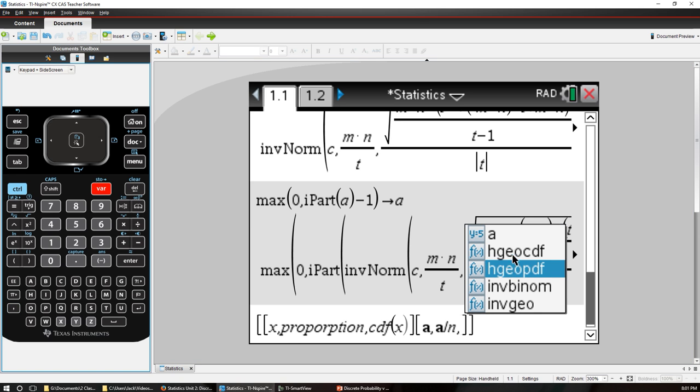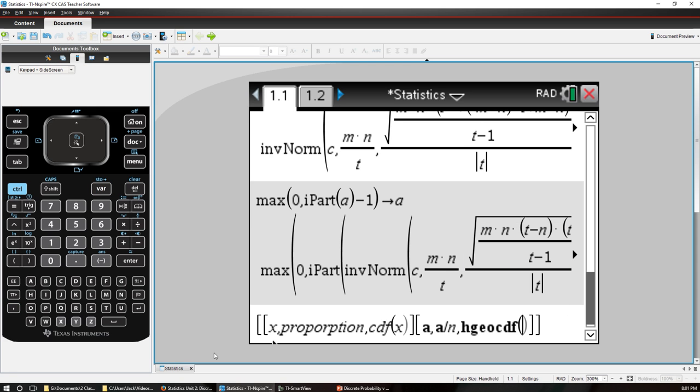That's the hypergeometric CDF that we hope we've got programmed in. You got to have that programmed in first. And the inputs to that are the total, and then we want the M, N, and then we want 0 up to A.